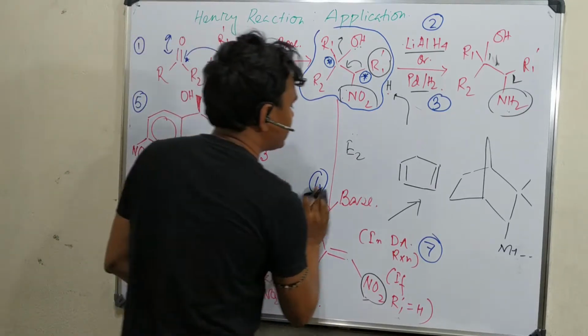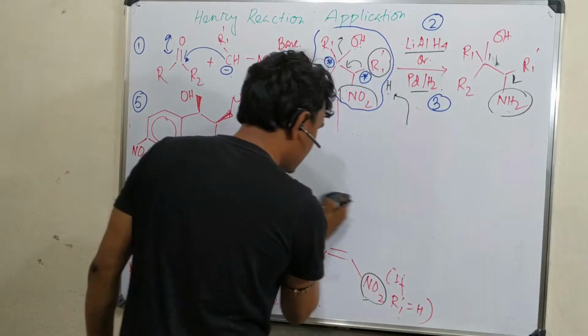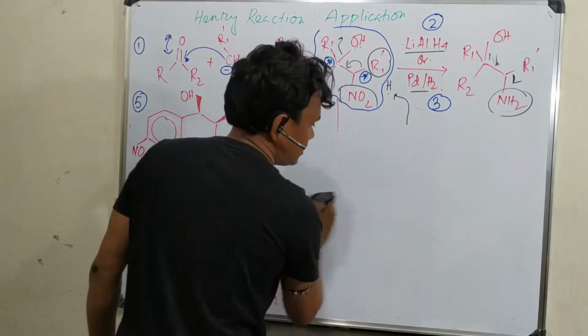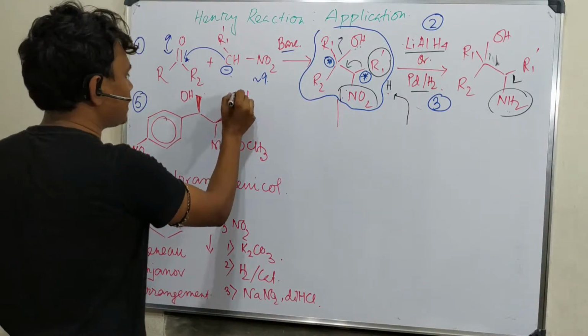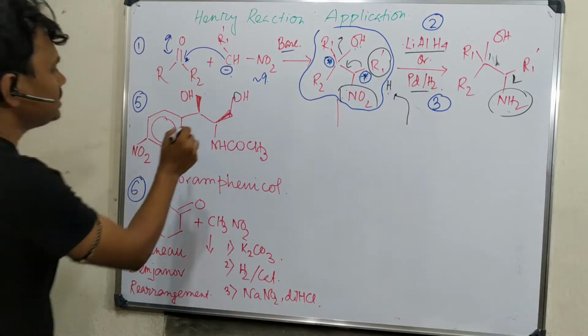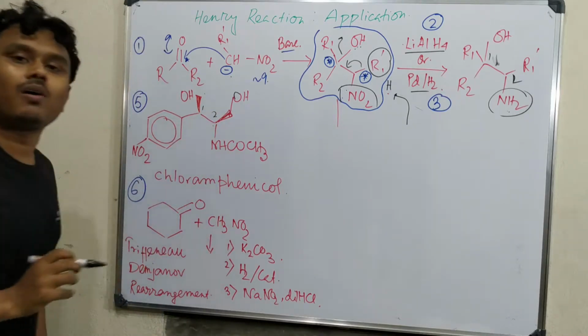Another thing. So finally now we will discuss the example of chloramphenicol. It's an antibiotic. So how could this be prepared using this Henry reaction? For example, you can see here also this 1,2 position amino alcohol is there.